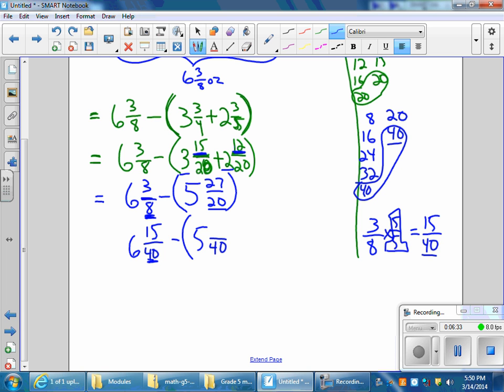So you'd multiply 3 times 5 to get 15. And then, same thing on my next term. I multiply 20 by 2 to get 40. So I'm going to multiply 27 by 2 to get 54.